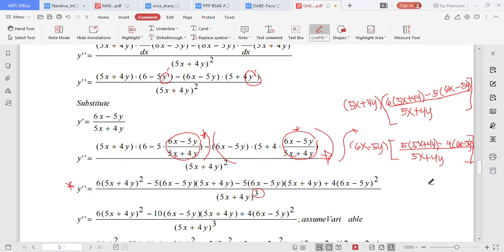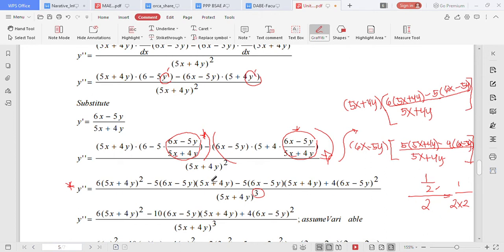So, it's like 1 over 2 over 2. That is the same as 1 over 2 times 2. For example, this is our 5x plus 4y, and on this side, this is also 5x plus 4y. Since both have 5x plus 4y, we can combine them. It would be long if I wrote everything.